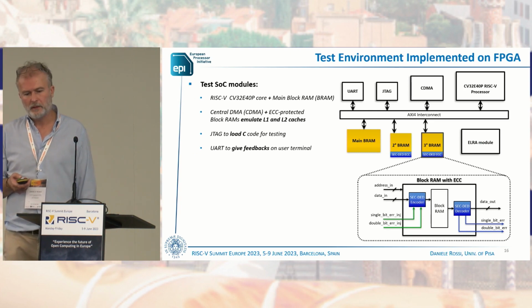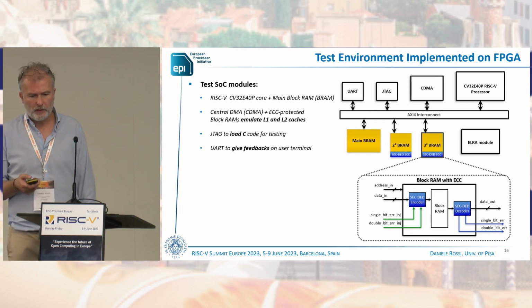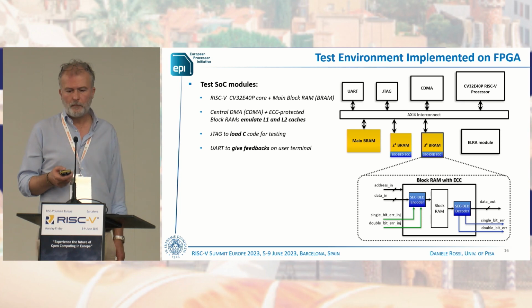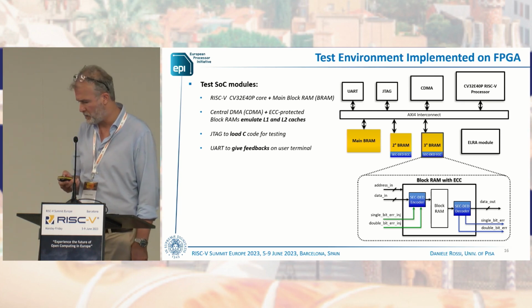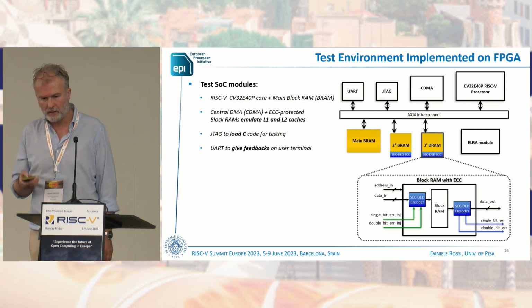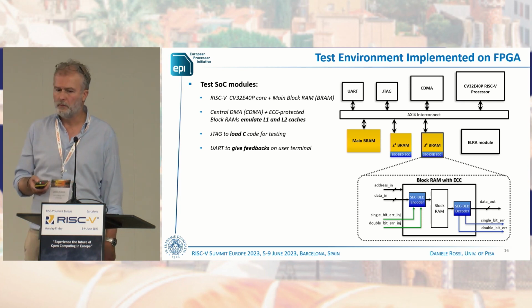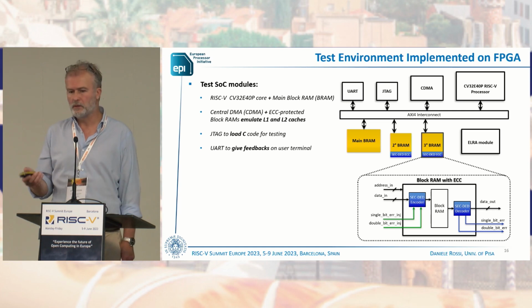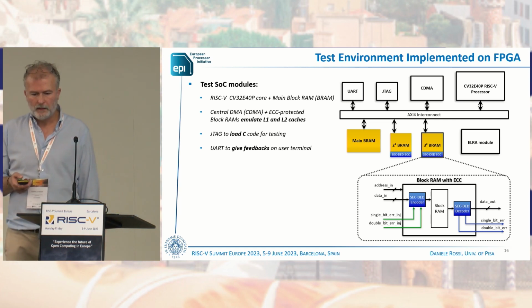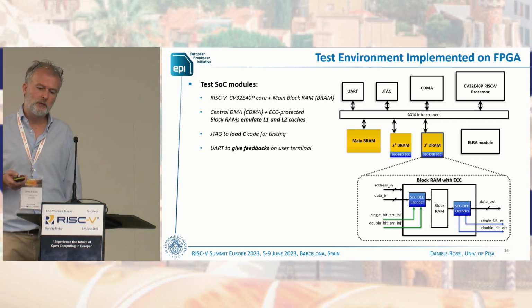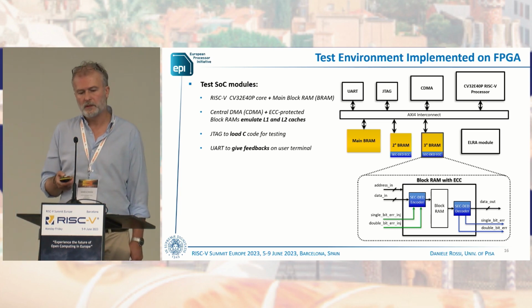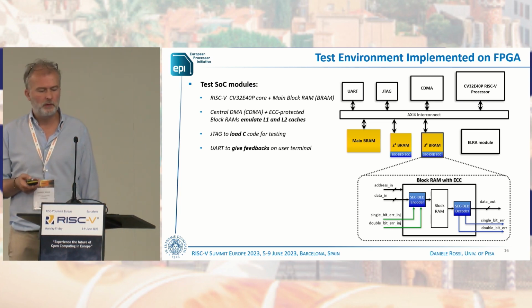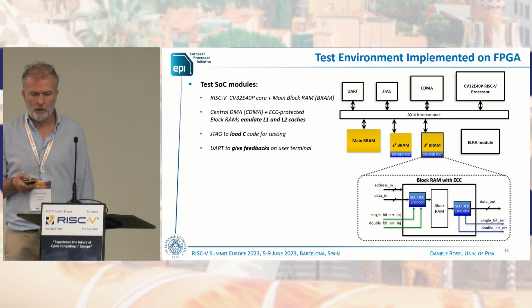Then we have developed a test environment on an FPGA, considering a 32-bit RISC-V processor, but this architecture is not limited to 32-bit RISC-V. It can also be adopted in 64 bits. This processor is executing some precompiled C code stored in the main block RAM.